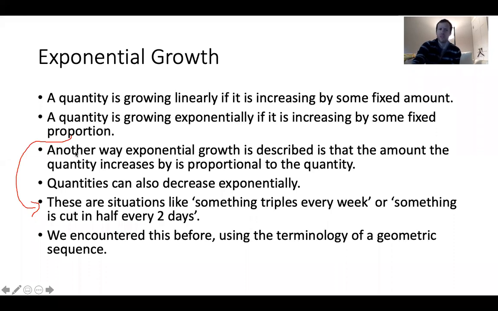Another way of describing exponential growth is when the amount your quantity increases is proportional to that quantity. Saying something is proportional means you've taken your quantity and you're always multiplying by some fixed number.